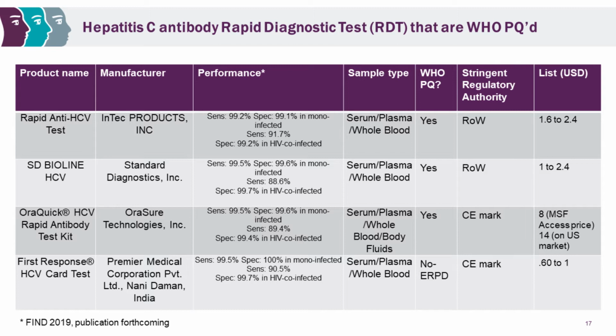So we always recommend that you check back in those links in the earlier slide where you can see the current tests that are WHO PQ'd and ERPD. But here we have the table which shows the product name, the manufacturer, the performance, the sample type used, if it is PQ'd, the stringent regulatory authority that it has, as well as the list price in US dollars.